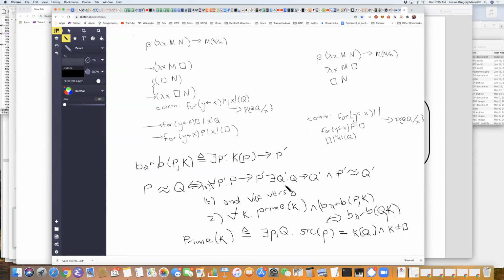And so now we're working on the proof that such a notion of bisimulation is a congruence, meaning that we have a cancellative property. So any questions on that?